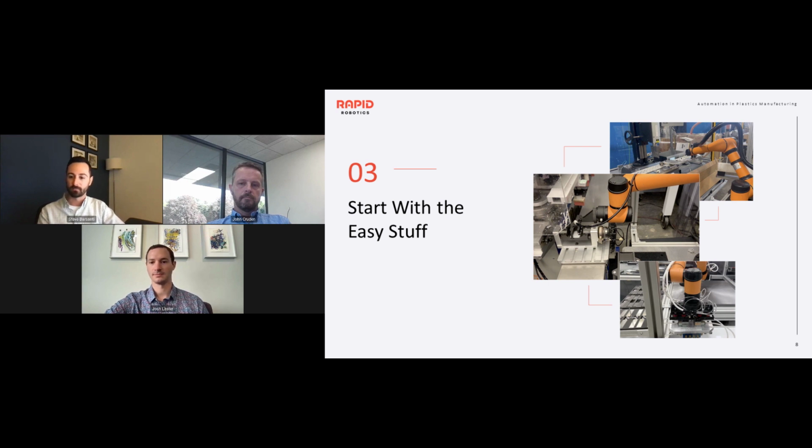So John alluded to this, but when you're signing up with Rapid, you're not just getting a robot on your floor, you're getting an entire engineering team that's not just doing the design, but doing the maintenance and upkeep as well. I pride myself on maintaining that really high level of customer service because I think that really does set Rapid apart.